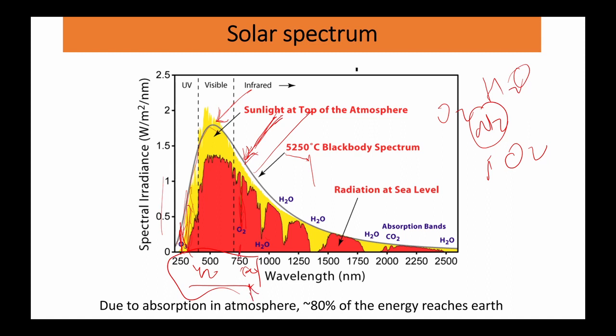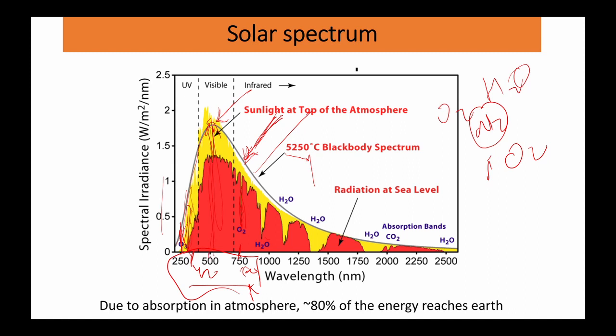This is the visible range that our eyes are sensitive to. And this is the peak of the solar spectrum, which lies around 500 nanometers.